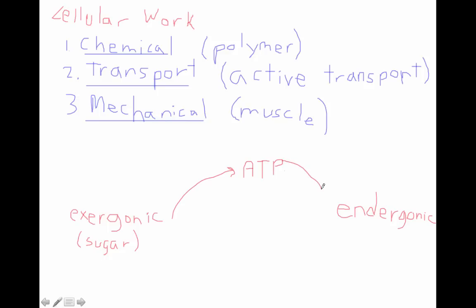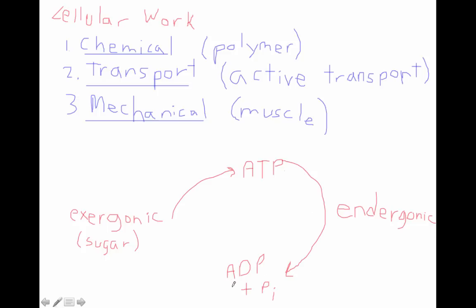And as it's using that ATP in this endergonic reaction, we produce ADP, the breakdown of ATP, plus the inorganic phosphate, the phosphate that's removed from it. Okay, this endergonic reaction, just to remind you, would be an anabolic reaction. Remember, something that's going to build something up, but it requires this energy.